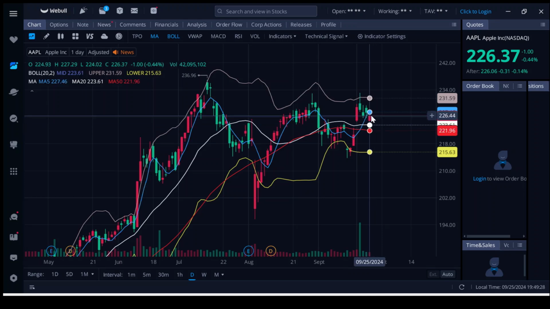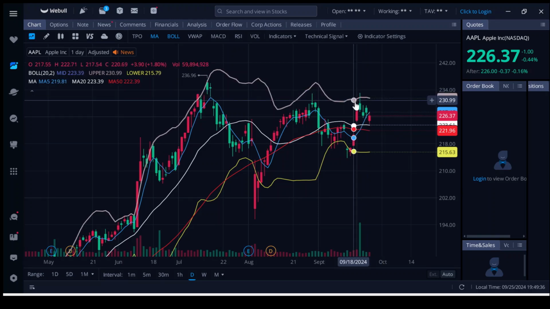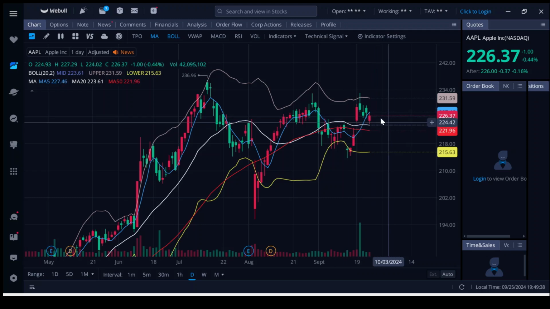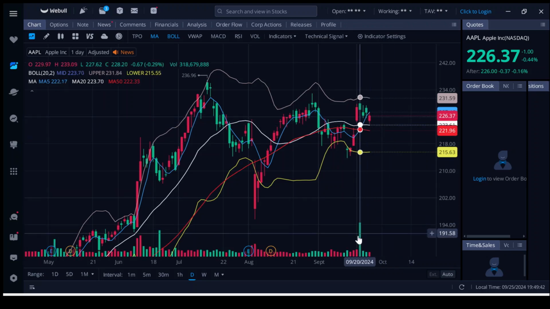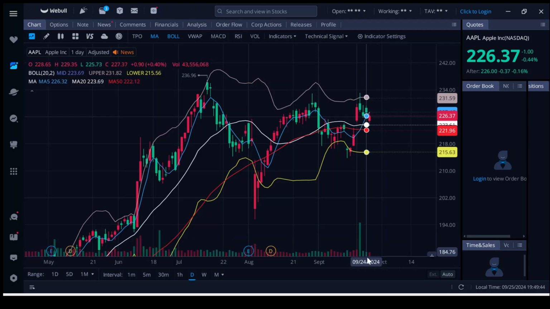In that case, you might see Apple running back up to 230. It already happened once, and we got a massive rejection here. Now things are coming down and cooling off, and you can see it's contracting right here. So are we going to see another breakout? Well, nobody knows. This happened on high volume, but now volume is drying up. Even the market itself is really choppy with no big moves, just consolidating.